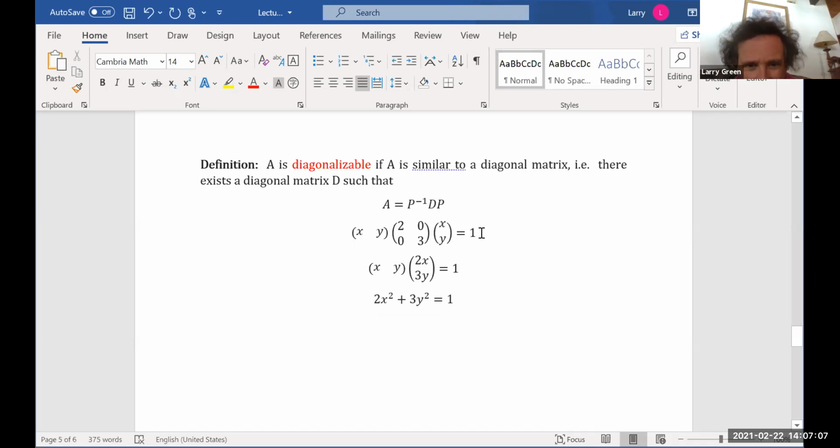I'm going to just slightly change it. What if we had, instead of 2, 0, 0, 3, what if we had 2, 1, 1, 3? Didn't change much, did I? I want you to work that out. Tell me what you get.